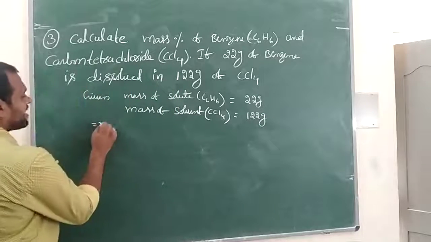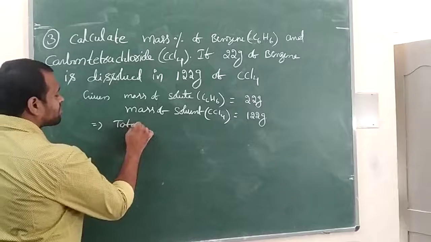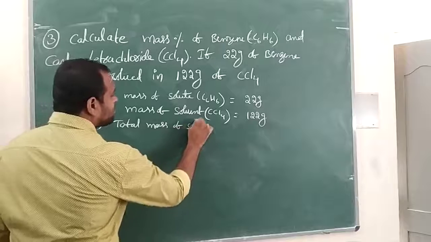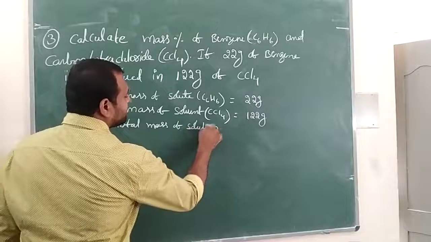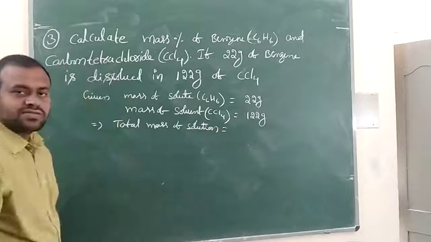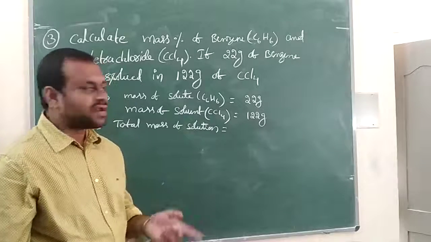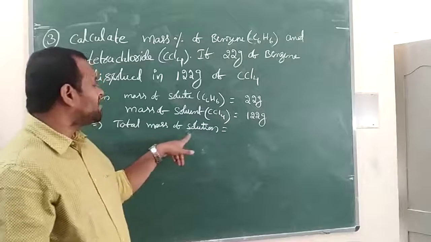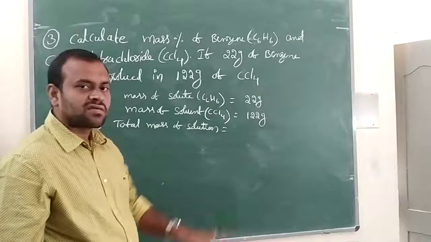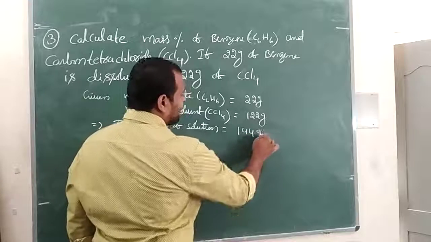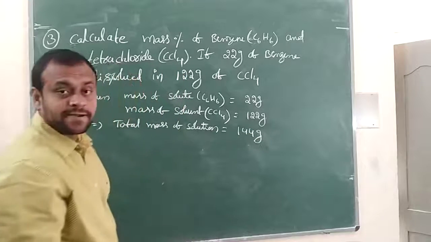That implies the total mass of solution. Solution is nothing but the combination of solute and solvent. So the mass of solution is 22 plus 122, that is 144 grams. Are you following?